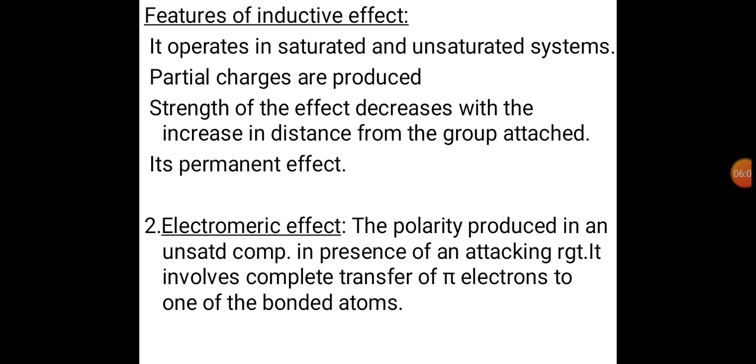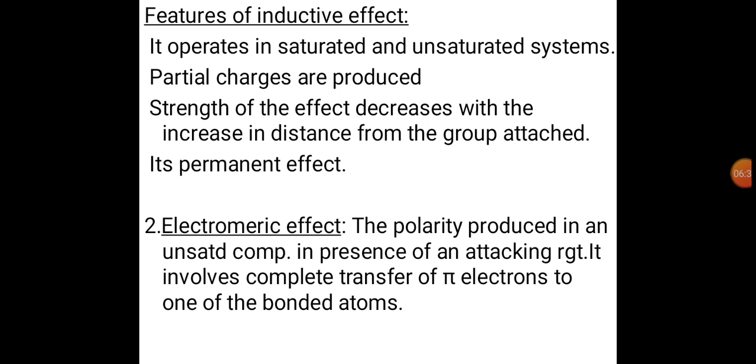The second effect is the electromeric effect. Electromeric effect is the polarity produced in an unsaturated compound in the presence of an attacking reagent. This involves a complete transfer of pi electrons to one of the bonded atoms.